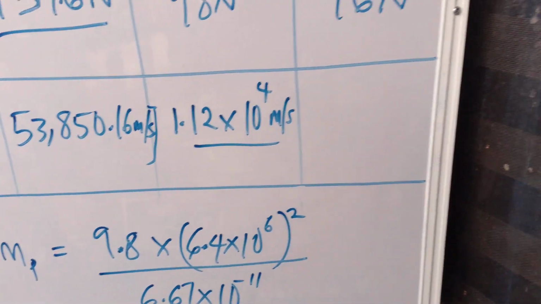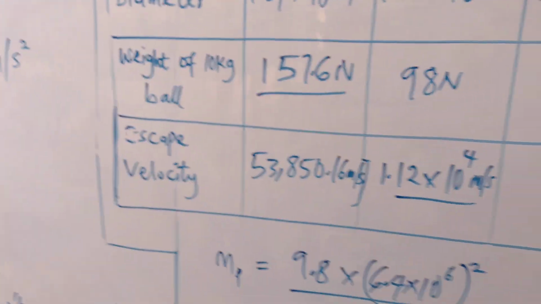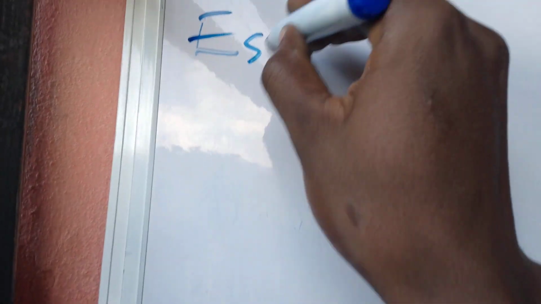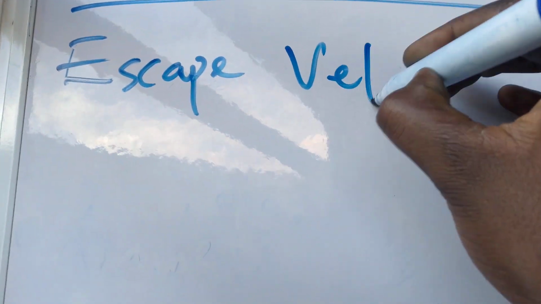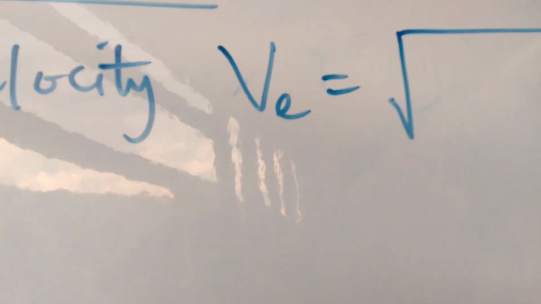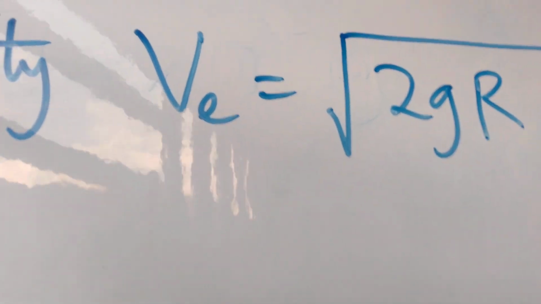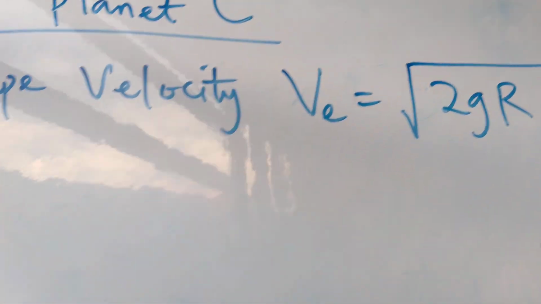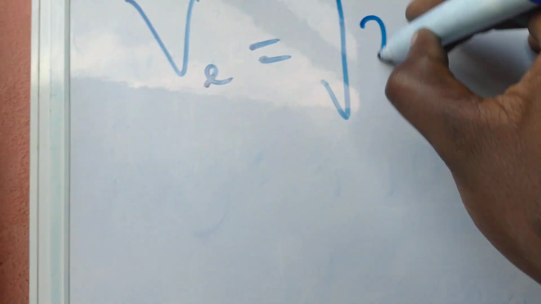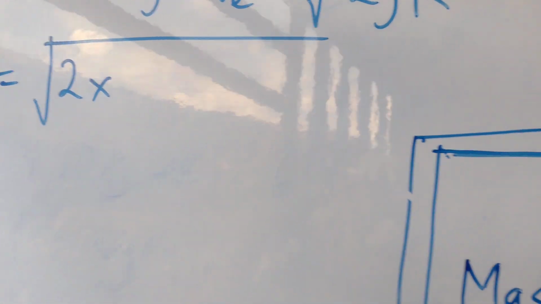Okay, so let's look for the escape velocity of planet C. The escape velocity VE is the square root of 2gr. So VE equals the square root of 2 times g.